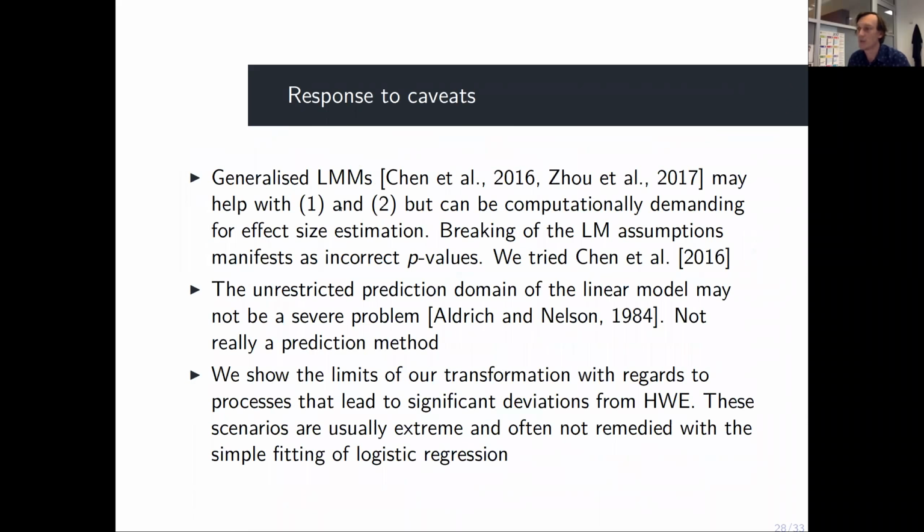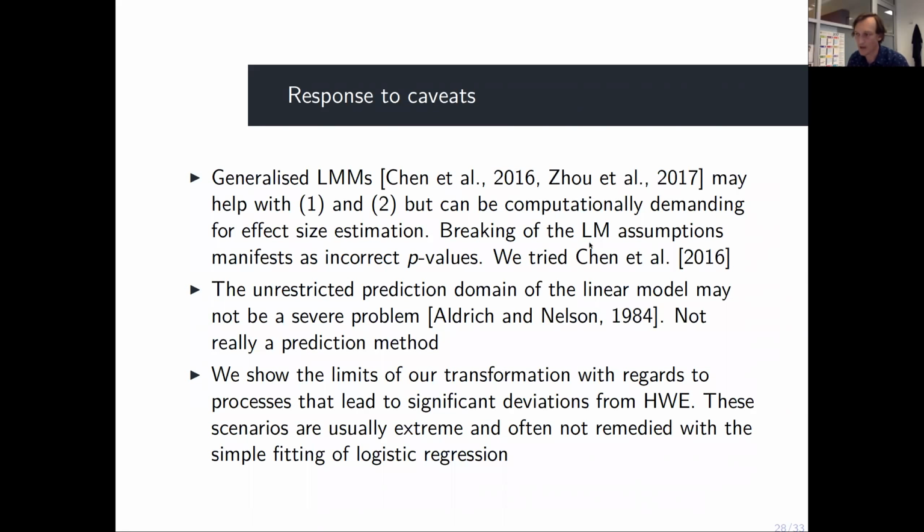In reply to the first heteroscedastic problem, I mentioned Chen, and we did use Chen's method to investigate how well it estimates the effects and how fast it was. It's quite fast for estimating score statistics and p-values, but quite slow at estimating effect sizes. That's counter to what we're interested in doing in our manuscript.